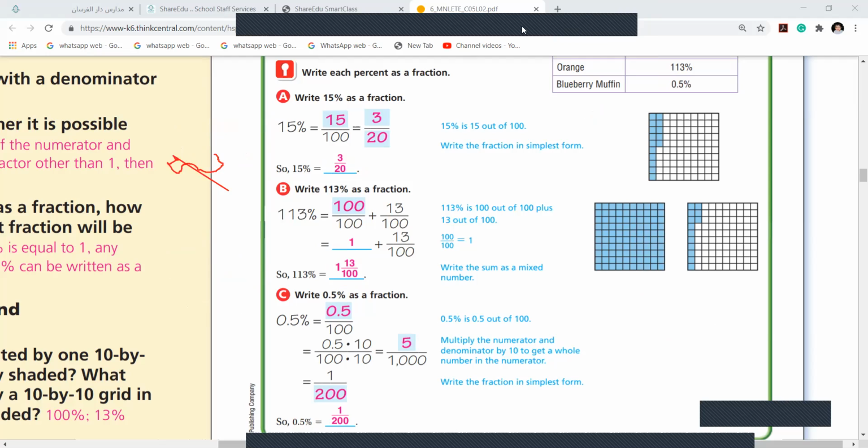See how I do it. 3 over 20. How do you get that? How do you simplify? Tell me. 15 and 100 come in the table of 5. How do you know that? You see 5 and 0 at the end. Now, when 15 comes, recite the table of 5: 5, 10, 15. How many fingers? 3.